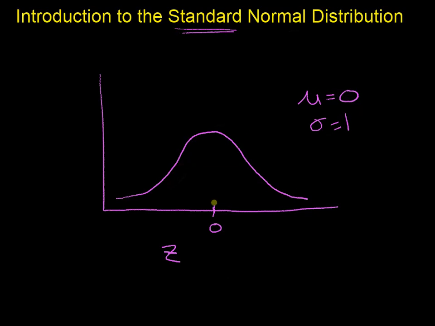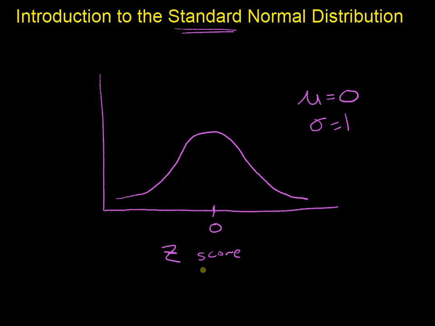So this x-axis represents the different z values. Often you'll see it written as z score or z value. A lot of times I'll just write it as z. All of those are the same thing. What's important is that the standard normal distribution is a z random variable.